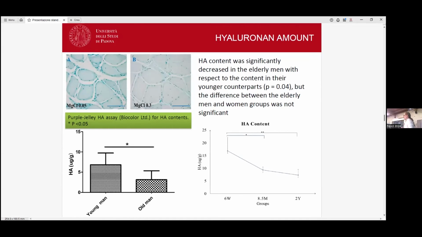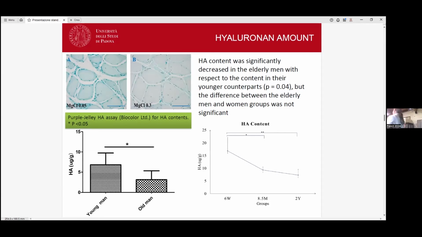Then with the movement, we organize our fascia, we create a more stable condition, we decrease the hyaluronan, and around 20, 30, we don't know exactly the age, we reach a more stable situation in our fascia.